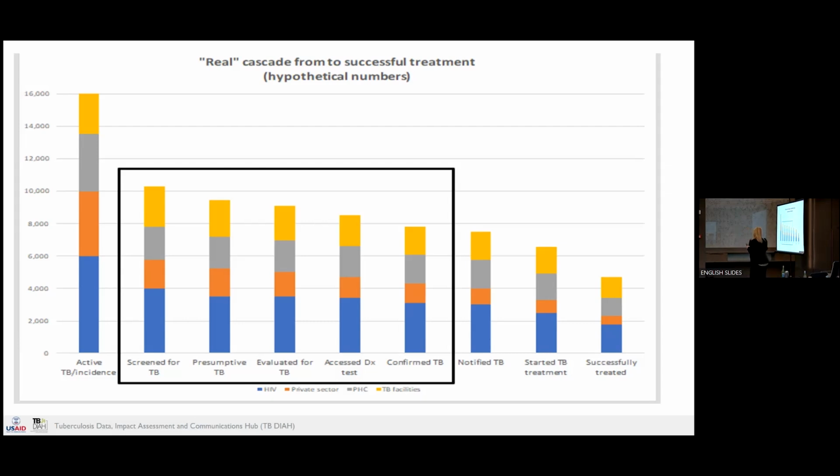So this cascade is already segregated to HIV, private sector, or by facilities that evaluated, etc. So we can do it for our subgroups like risk groups to show how much were revealed HIV.